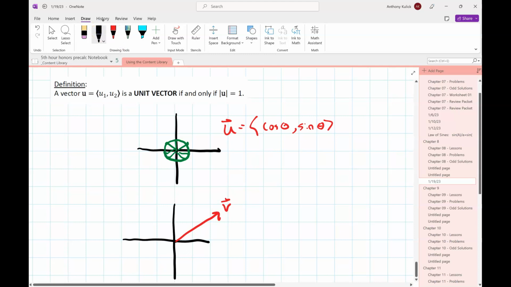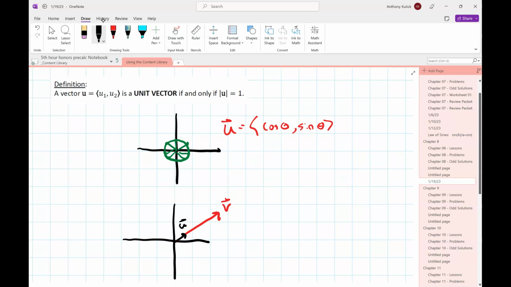And what I want to do is find this unit vector here that has the same direction as v, but is only 1 unit long. What operation am I going to be doing looking at this picture? This is going to be a scalar multiplication problem, right? Because I want the direction to stay the same. I just want to shrink it. Or in some cases, I guess if it was a really short vector, I'd stretch it a little bit.